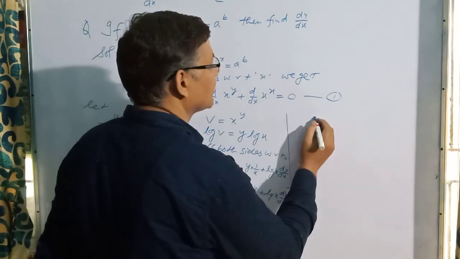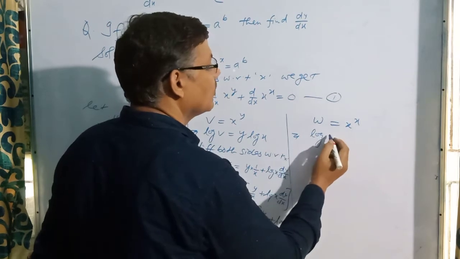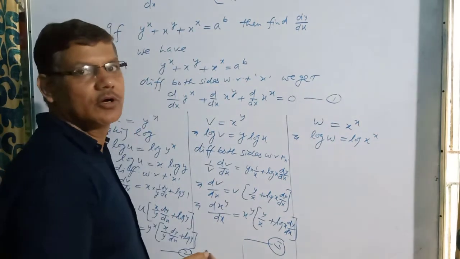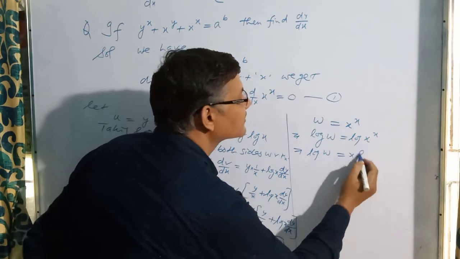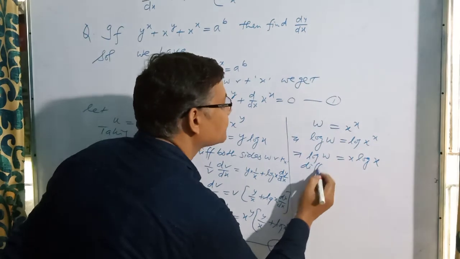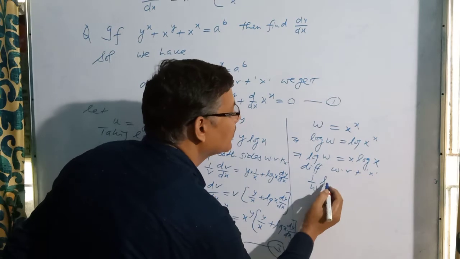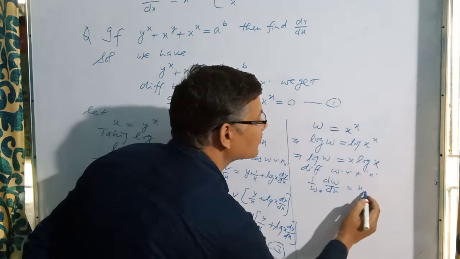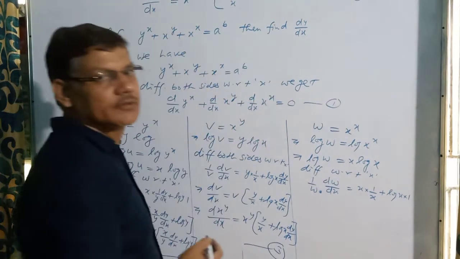Last one is, just take w equal to x power x. It implies log of w equal to log of x to the power x. Taking log of both the sides, it implies log of w equal to x log x, by the property of logarithm. Differentiating with respect to x, we get 1 by w dw by dx is equal to function number 1 into derivative of function number 2, plus function number 2 into derivative of function number 1.